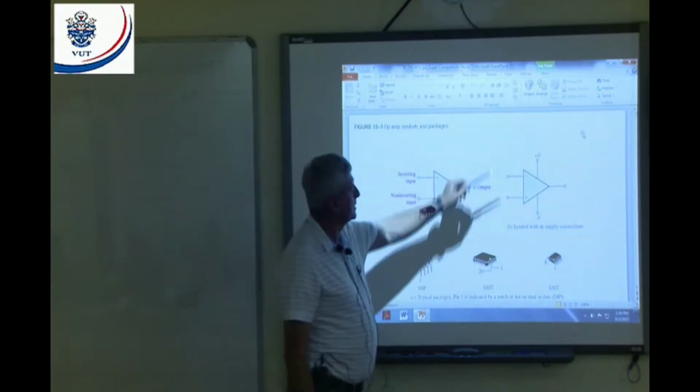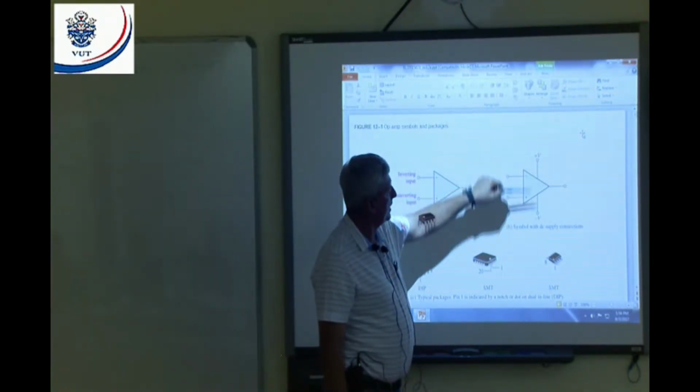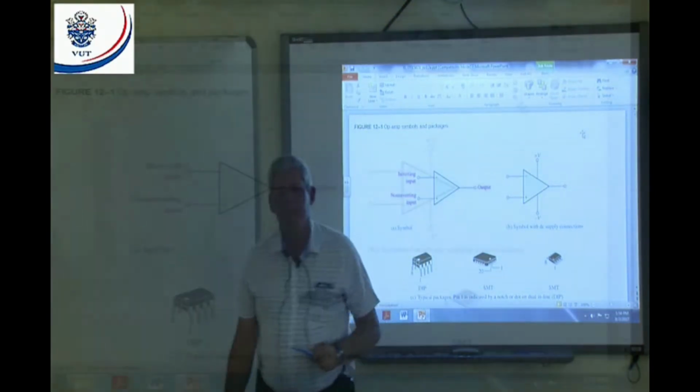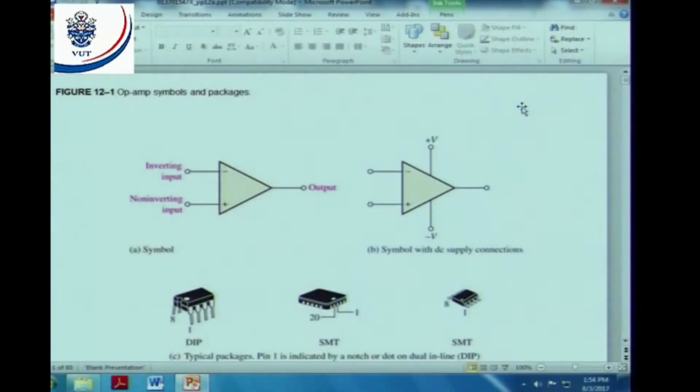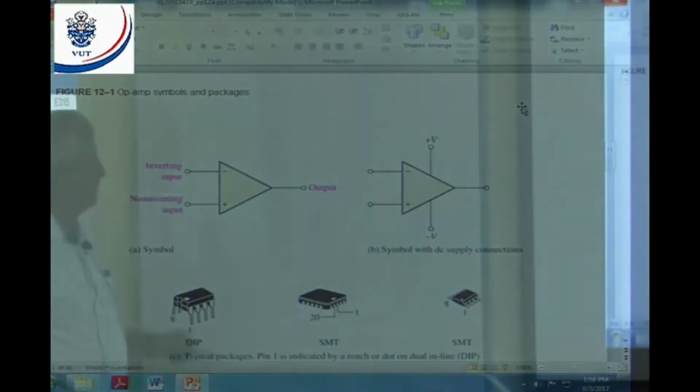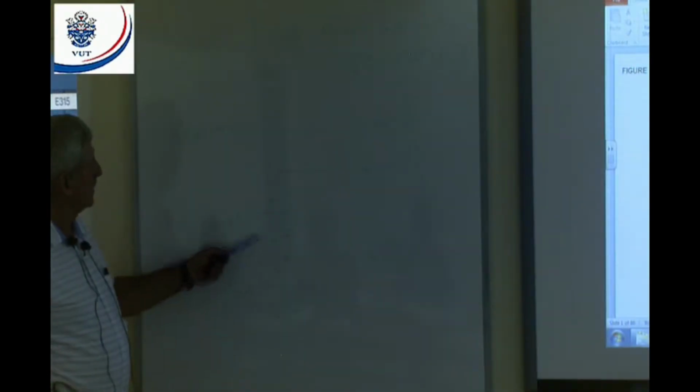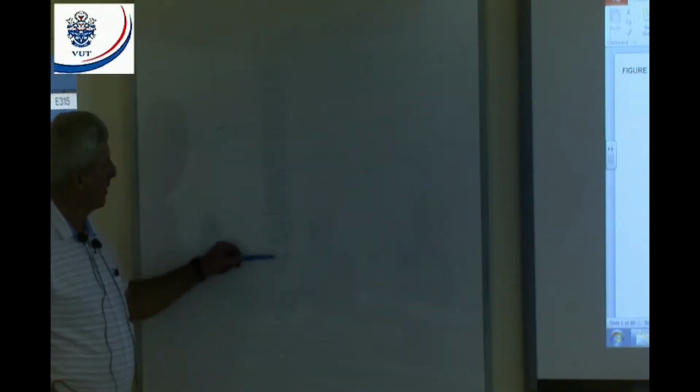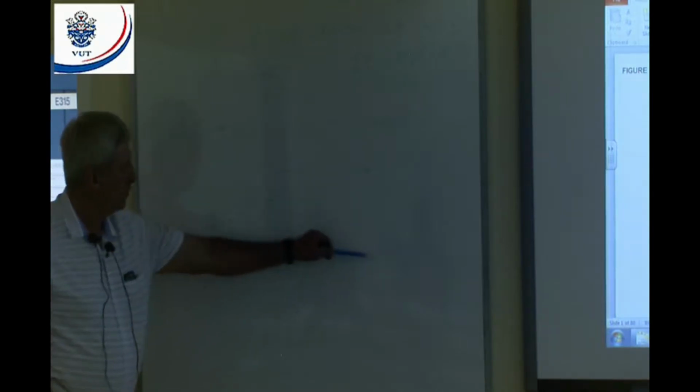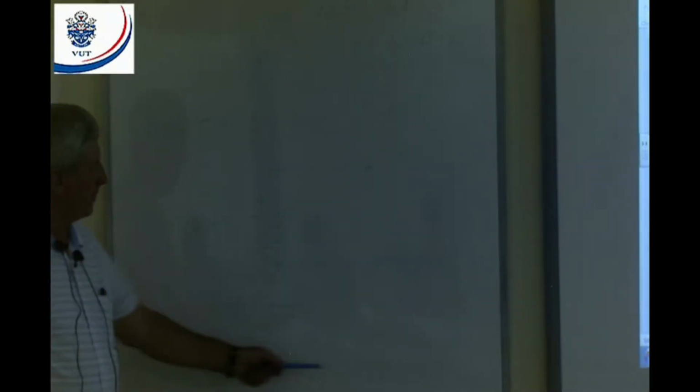Then we've got a split supply on the op-amp, a plus V and a minus V. That means we make use of a split supply, a positive voltage as well as a negative voltage. Now here I made a drawing, it's not very clear. But if I take two 15-volt batteries, connect them in series, take the one output there, and take the center point as my 0 volts, and that'll be my negative.